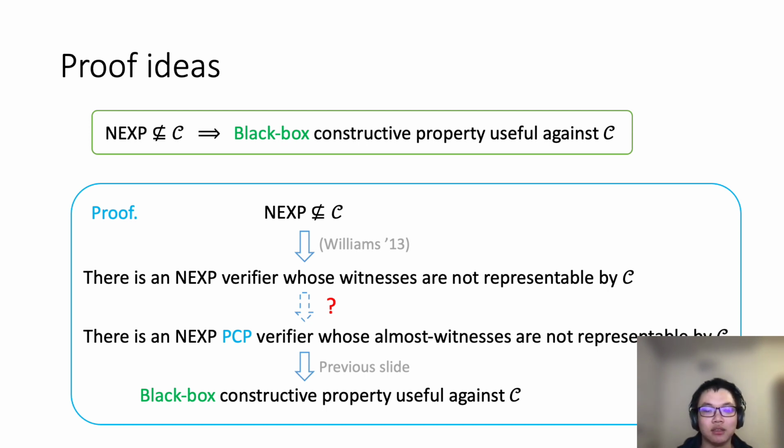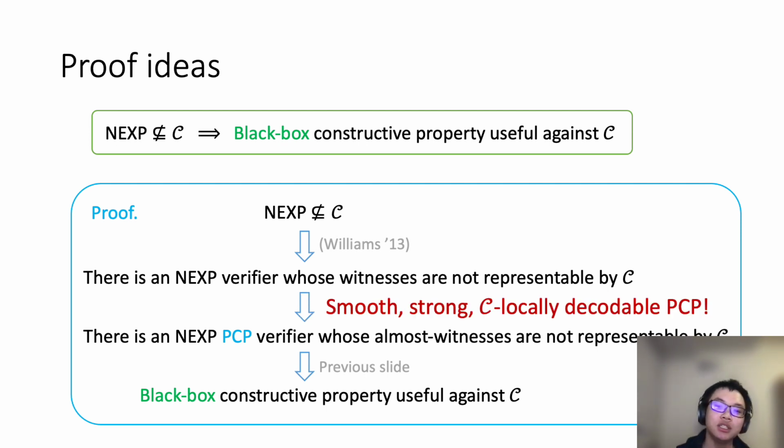The bottom one looks to be stronger than the upper one, since PCP verifiers are special cases of NP verifiers and almost witnesses are a superset of witnesses. They only require an acceptance probability to be close to 1 instead of exactly 1. But actually, if we use the specific PCP with special properties, in particular a smooth, strong, and locally decodable in the circuit class C, we can make this implication true.